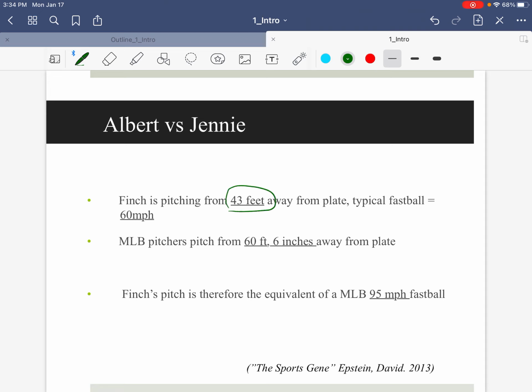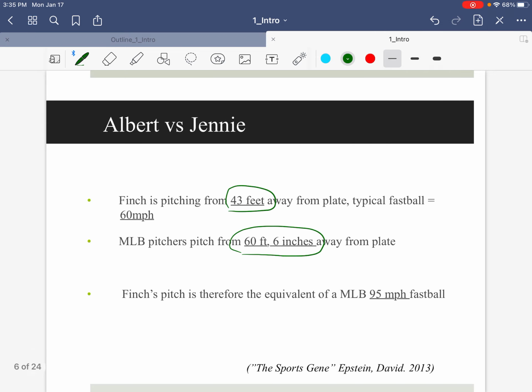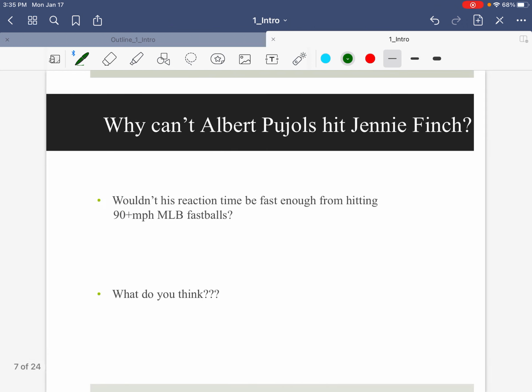Albert Pujols is used to watching a ball come in from farther away. Even though Finch's pitch was only 60 miles per hour, because it was traveling over a shorter distance, it was really the equivalent of a 95 mile per hour fastball. But it was more than that. Even though it's the equivalent of a 95, you might think Albert Pujols can hit a 95 mile per hour fastball. So it's not just doing some math.